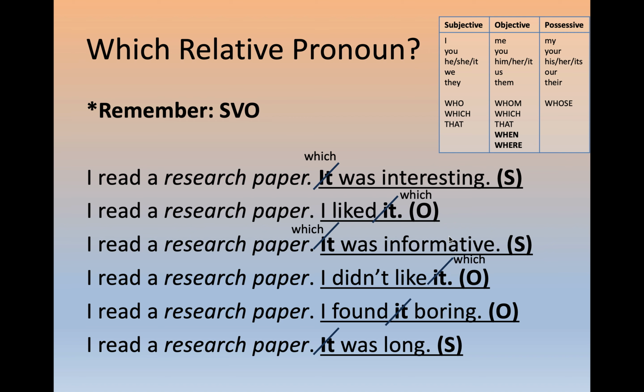I found it boring. It is the object and it's a thing. I will use which. It was long. It is a subject and it's a thing. I will use which. The word which, or that, can be used in subjects and objects for things.